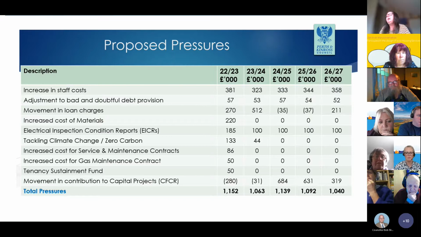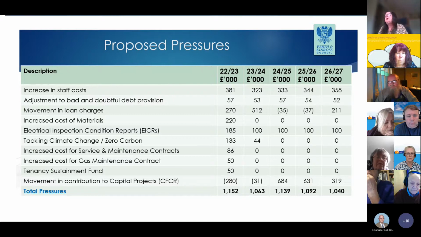So basically, that increase is based on the fact that we will have an increase in our income level that we're due to generate, regardless of which of the options are chosen. Our movement in our loan charges is quite simply just changes to the level of payments that we have to make for our current and future borrowing levels.